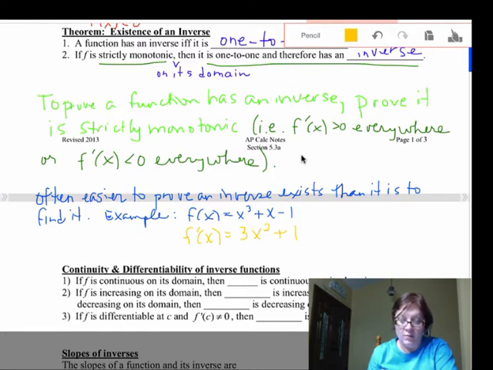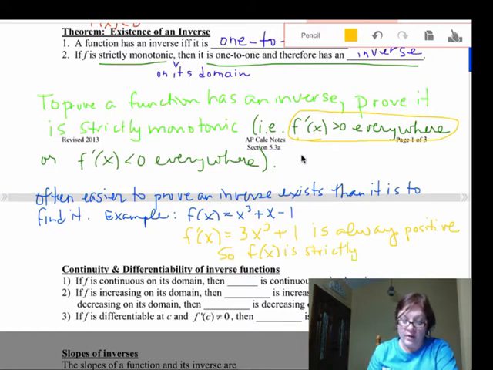and to prove that that's positive all the time, because it doesn't matter what I plug in for x, it's going to get squared, and then I'll multiply by 3 and then add 1. So this is always positive. And so therefore I know, hey, if the slope is positive everywhere, then this is strictly monotonic.